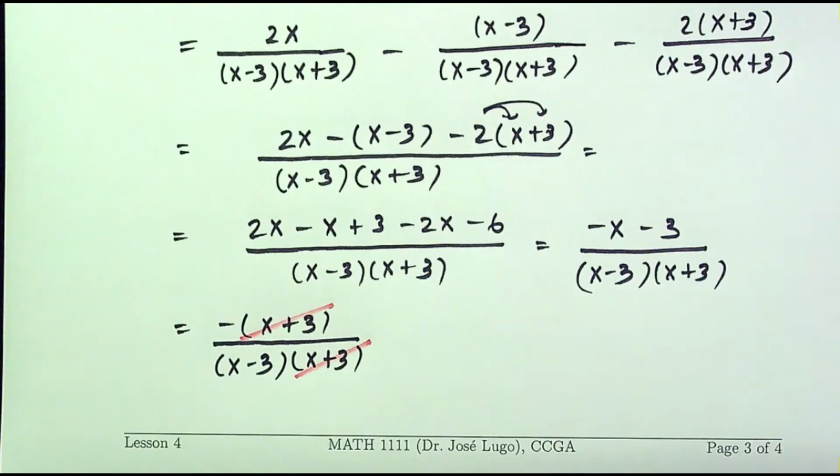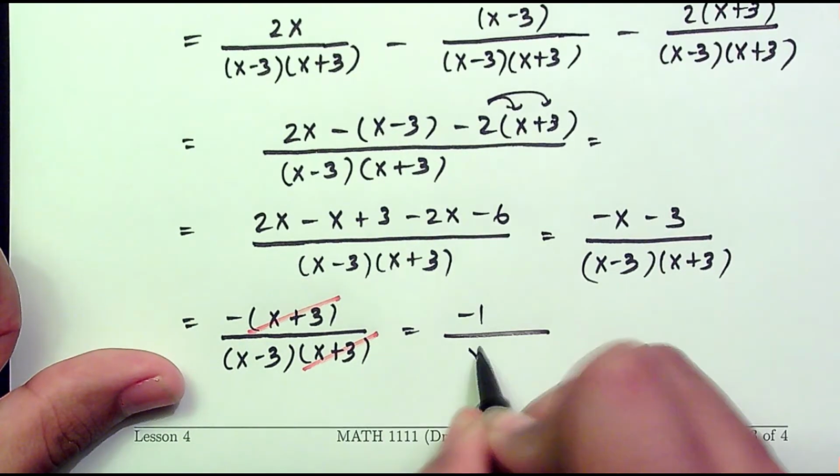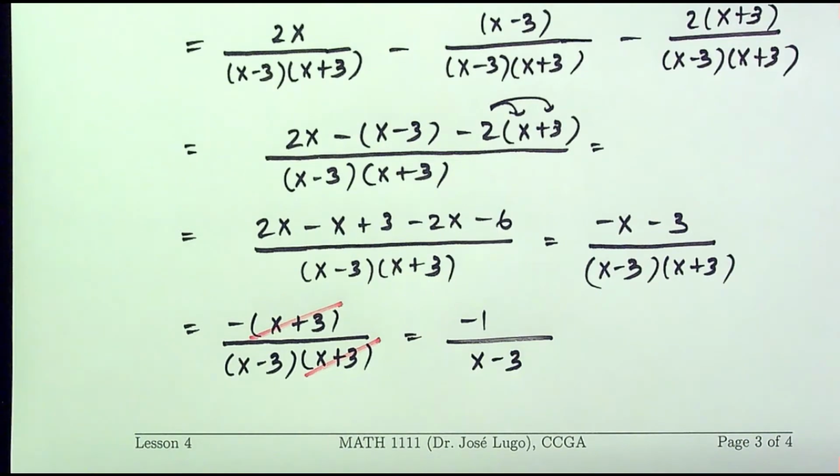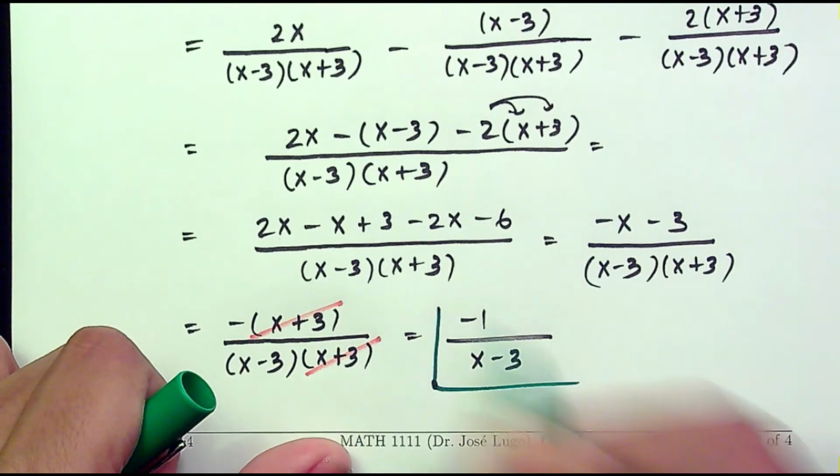And what remains is a negative 1 on top and an x minus 3 on bottom. And that would be the answer.